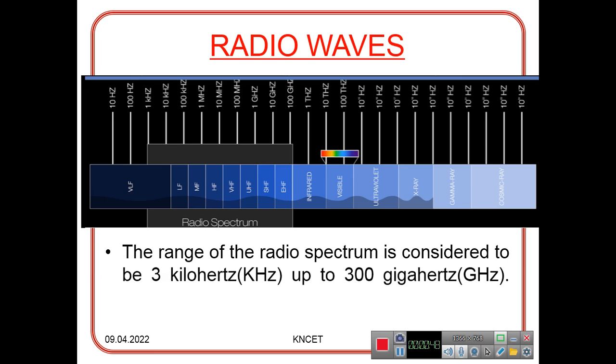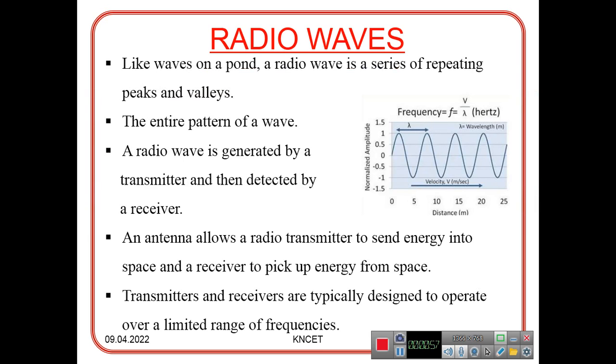So this is a range of the radio waves. Let us consider it from 3 kHz to 300 GHz. So what is a radio wave? It is a series of repeating peaks and valleys. So the entire pattern is like a wave.